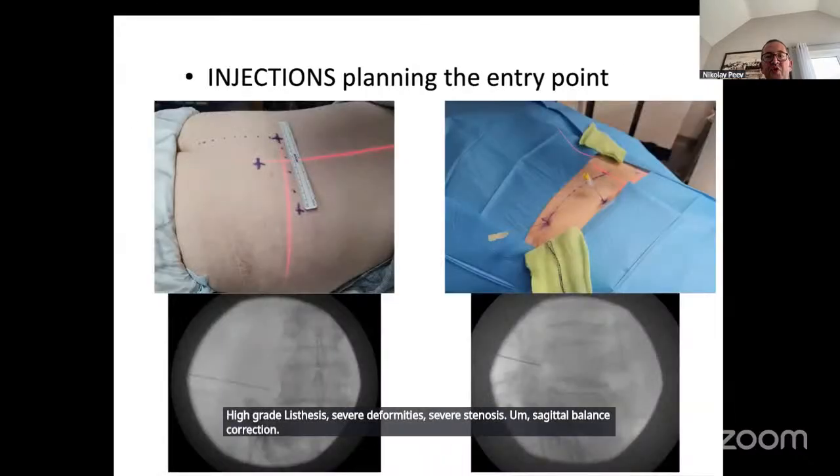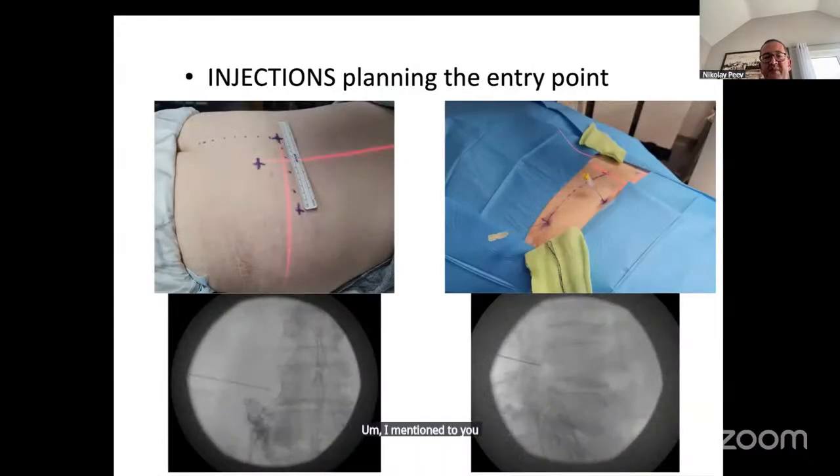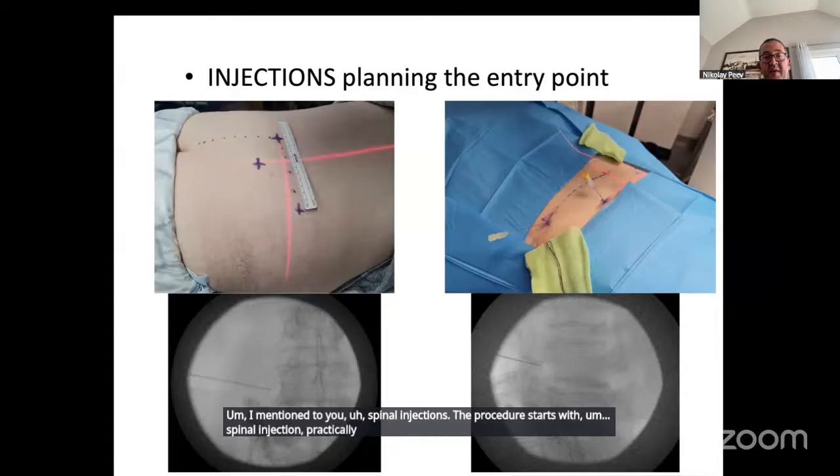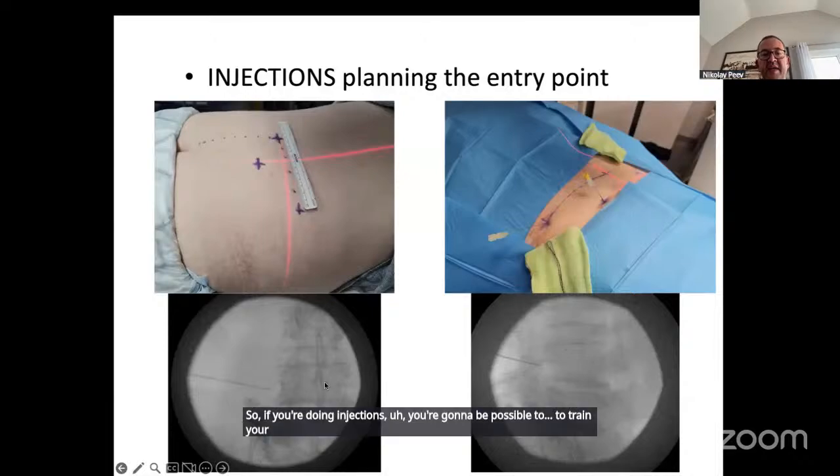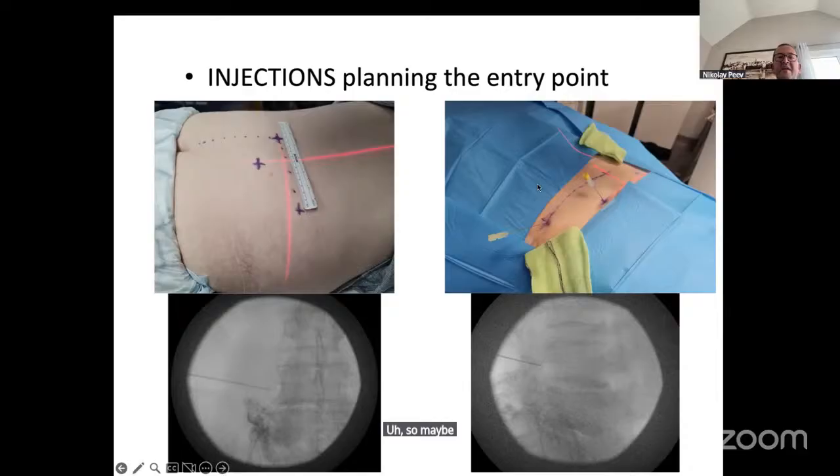I mentioned to you spinal injections. The procedure starts with spinal injection practically. Every transforaminal approach starts with transforaminal nerve root injection. So if you're doing injections, you're going to be able to train your eye to read the X-rays and trajectories better. So maybe it's a good idea, if you consider starting transforaminal work, to start doing some injections.